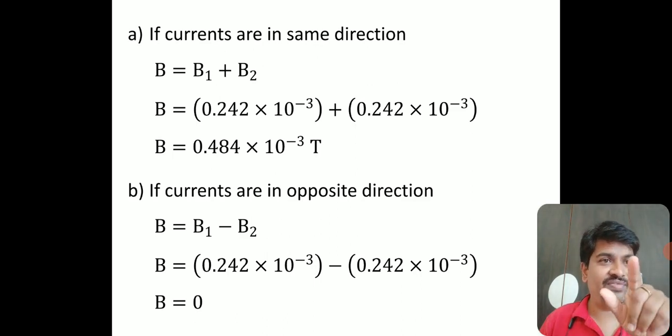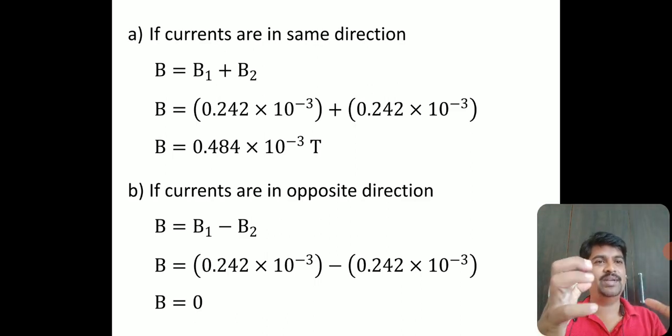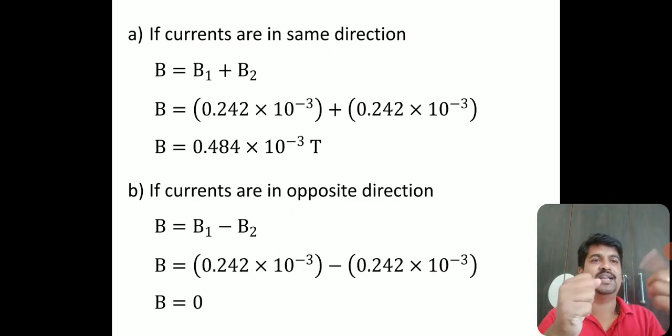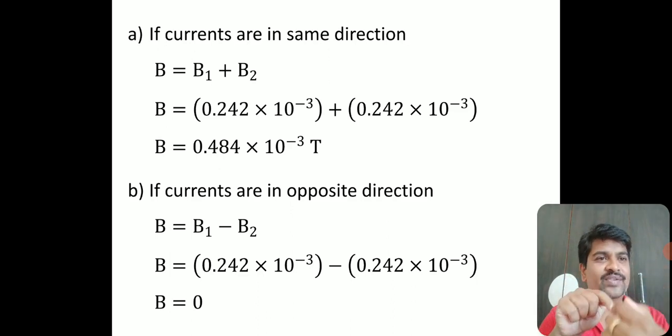If the current is flowing in the same direction, B1 and B2 will add up. Suppose the current is flowing in the opposite direction, definitely the magnetic field B1 will be opposite to B2. Therefore, when you take the net magnetic field, you need to subtract these two if currents are in the opposite direction.